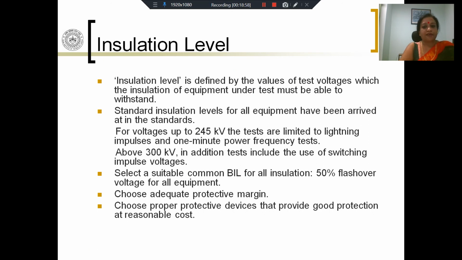Now let's say we have characterized our materials with distribution functions for voltage as well as time, and now I need to figure out an insulation level, which is the level that I will provide my insulation with, which means my equipment will be designed to withstand such an insulation level. The insulation level is defined by the values of test voltages which the insulation of equipment under test must be able to withstand.